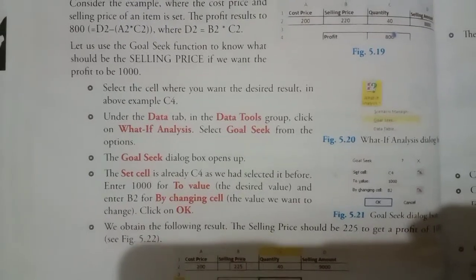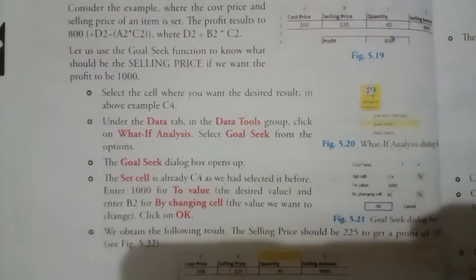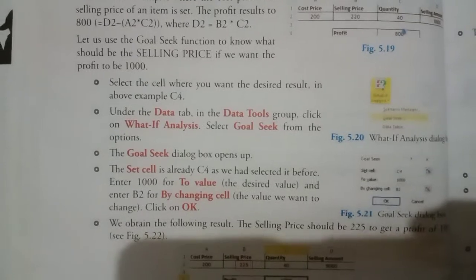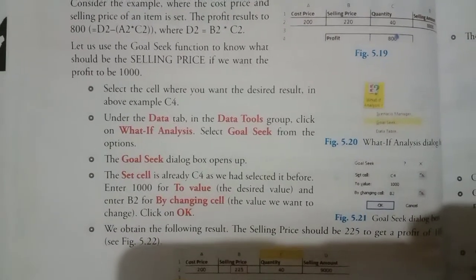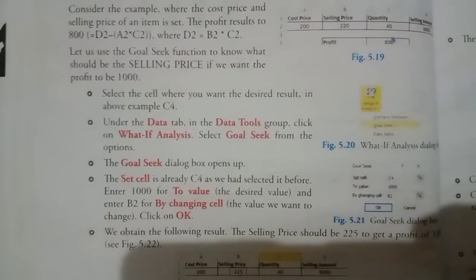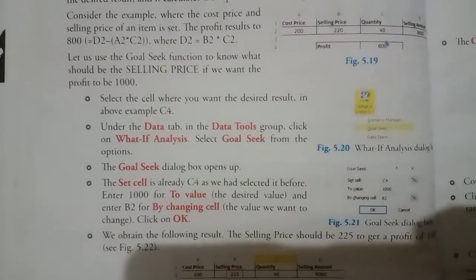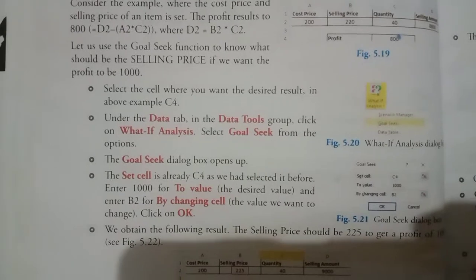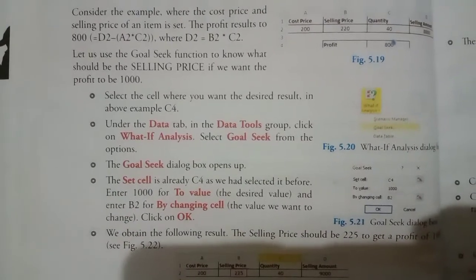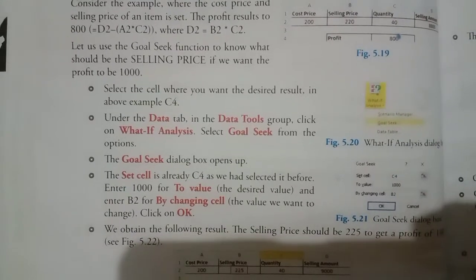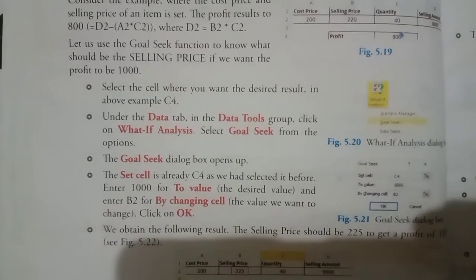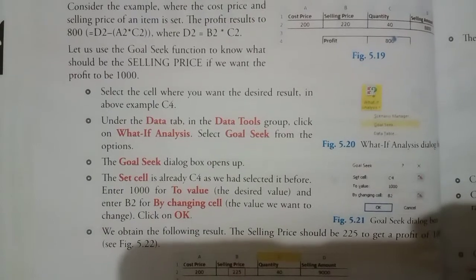First of all, select the cell where you want the desired result, in the above example C4, where we want the result of whatever values we have put. Under the Data tab, in the Data Tools group, click on What-If Analysis and select Goal Seek from the options.